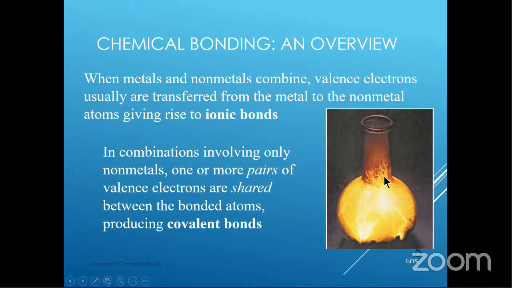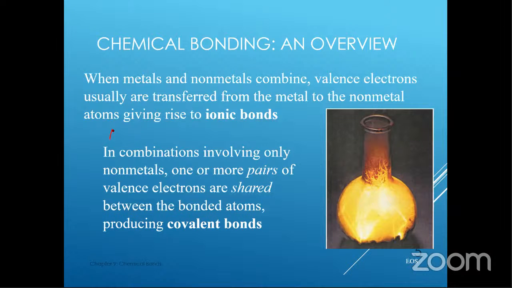Now, what we have here in this flask, we have chlorine gas. And what this person did, whoever was doing this experiment, is drop a very small piece of sodium into this flask, and a violent reaction takes place between the sodium and the chlorine. And basically, this is the reaction that takes place.